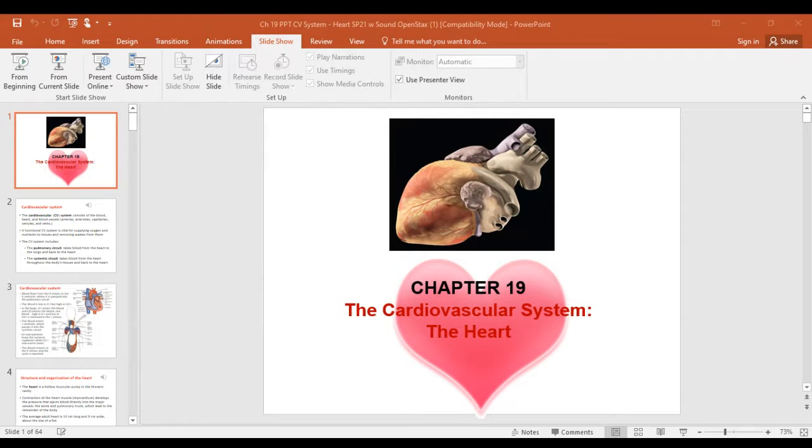Okay, what makes the heart beat? What stimulates the cardiac muscle to contract every second or so is called the cardiac conduction system. So that's the built-in pacemaker in your heart, the natural pacemaker.